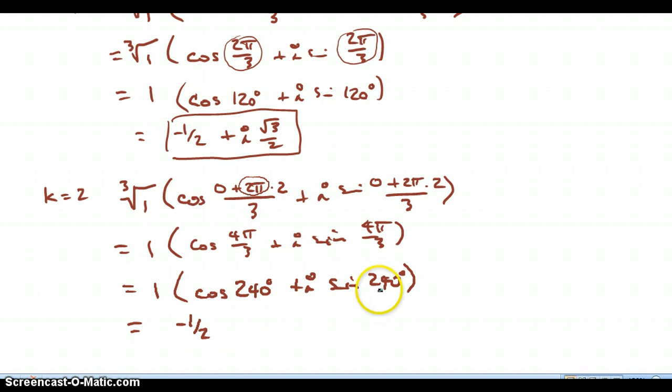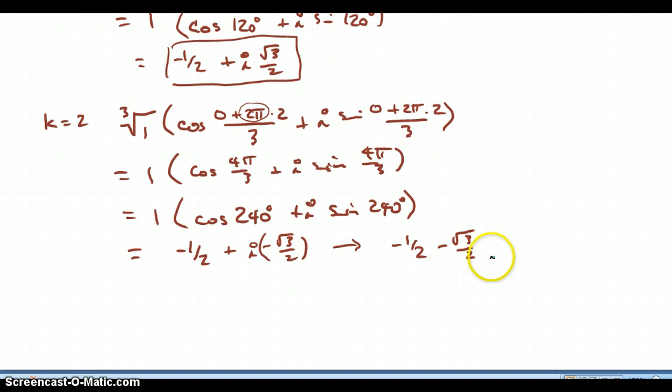Plus i sine 240, which is i times negative square root of 3 over 2. So this other root is negative 1/2 minus square root of 3 over 2 i. Okay, so there are our 3 roots.